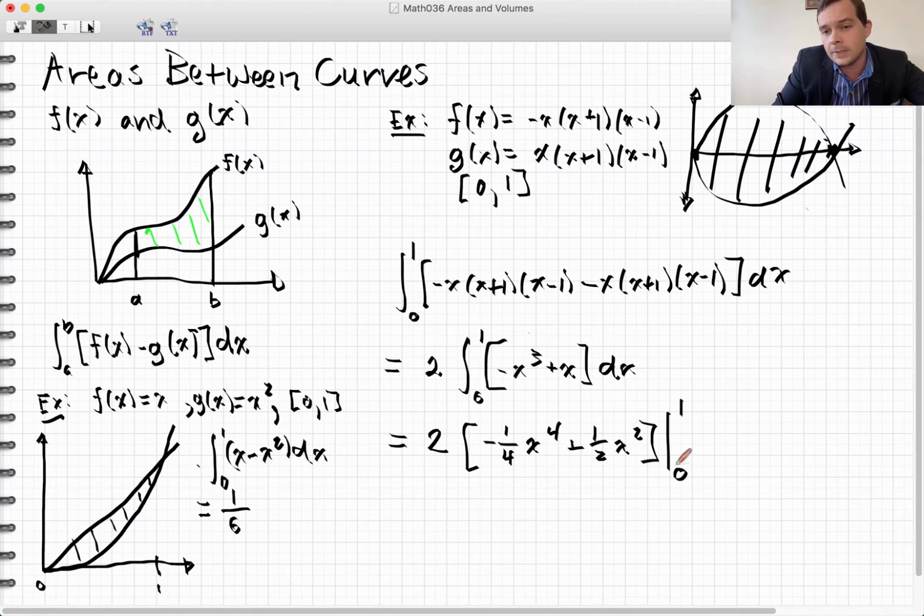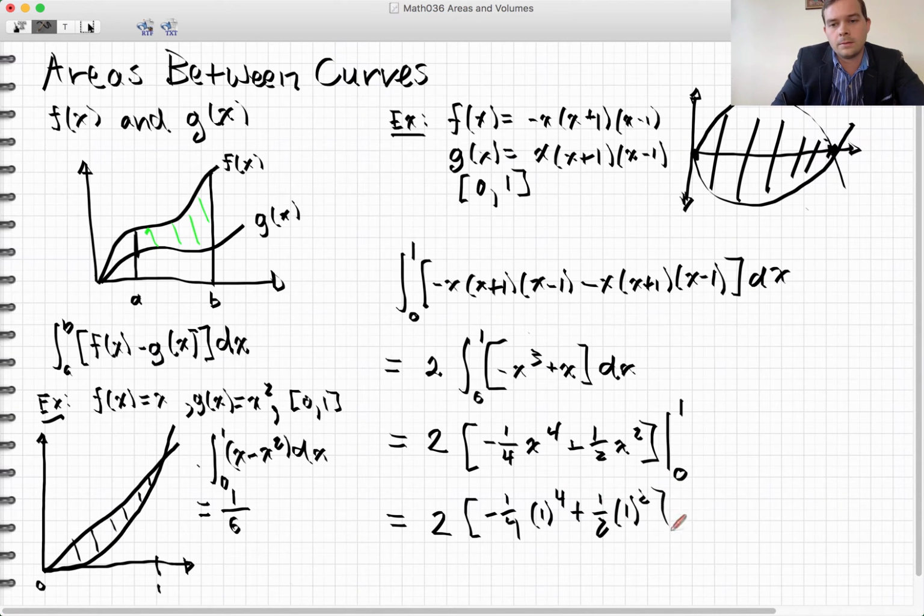At the lower limit 0, everything will cancel out. So all I have to do is evaluate at the upper limit 1. So I get minus 1/4, 1 to the 4th power plus 1/2, 1 squared. Well, that'll be 1/2 minus a quarter, which is a quarter. And so when I multiply 1/4 by 2, I'll get 1/2 as the full area.